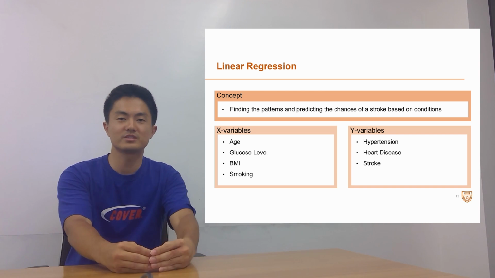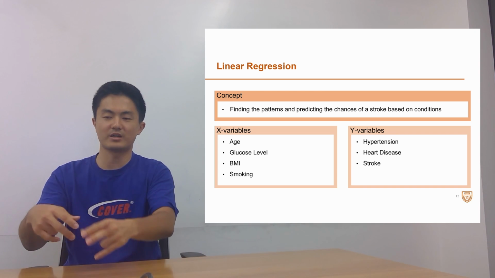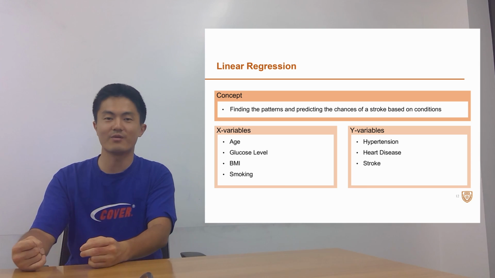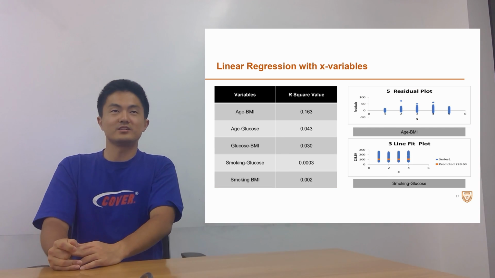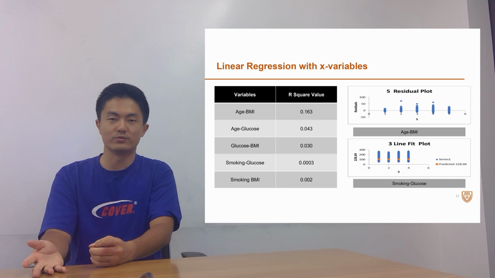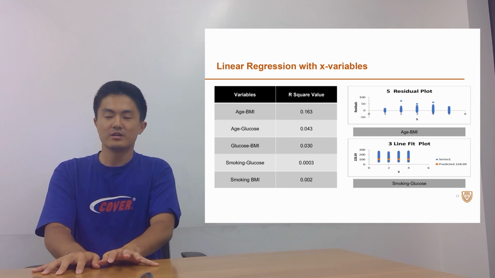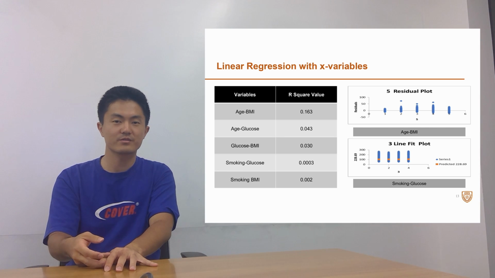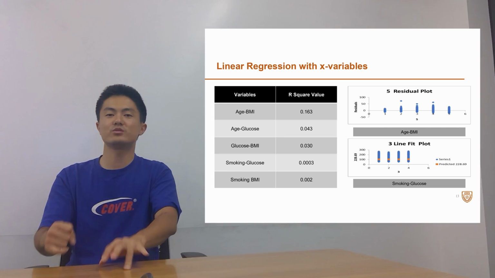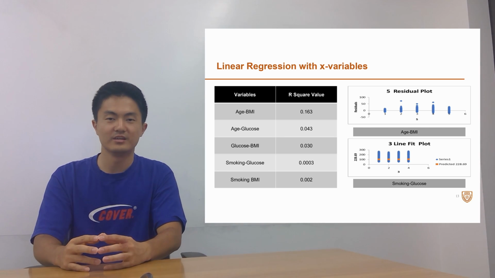The x variables are those that cause something, and the y variable is caused by the x variables. First, we did the linear regression with only x variables, because if we can find a meaningful result from here, in the future we can do the chi-square test easily.